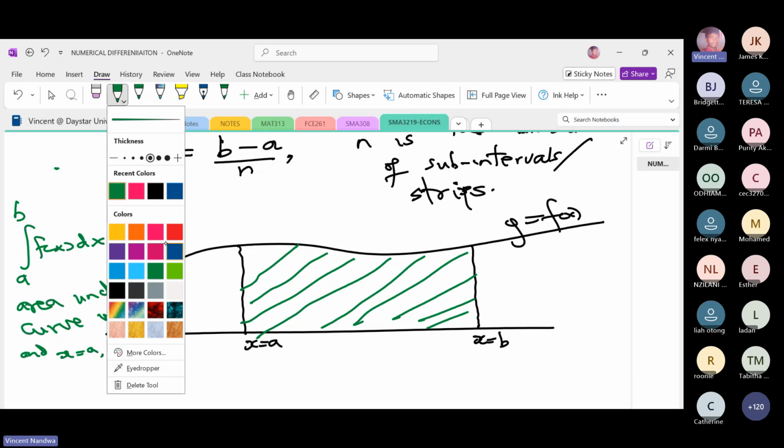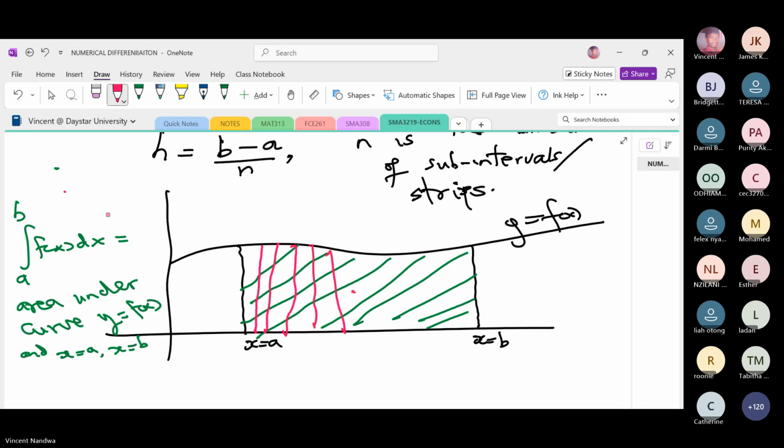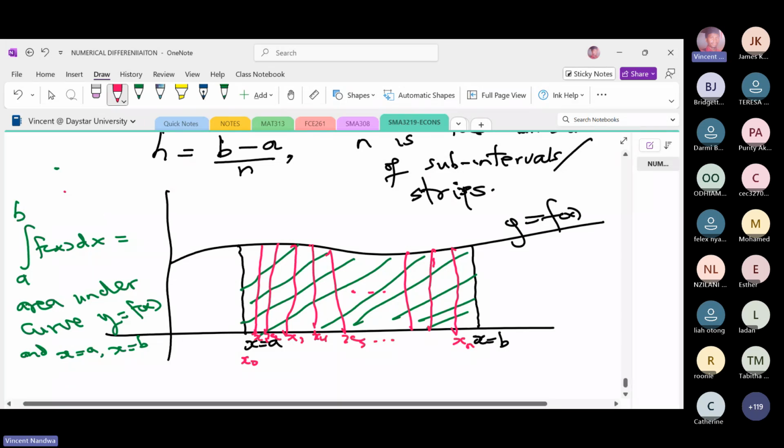The trapezoidal rule states that we divide this area into n trapezia. The first value of x we call x naught. Then this point we call x1. This is x2, x3, x4, x5, etcetera, up to xn.